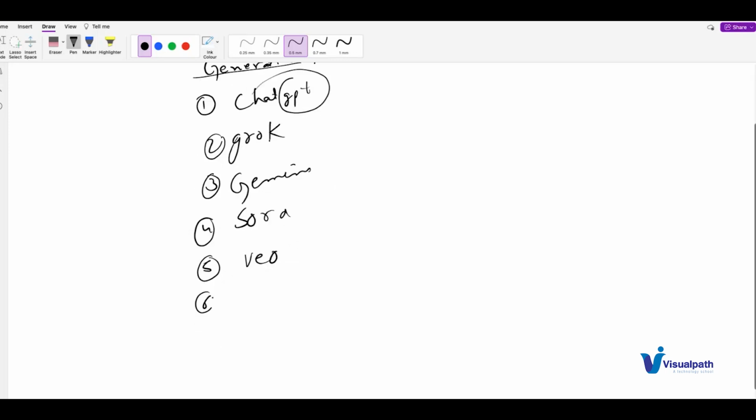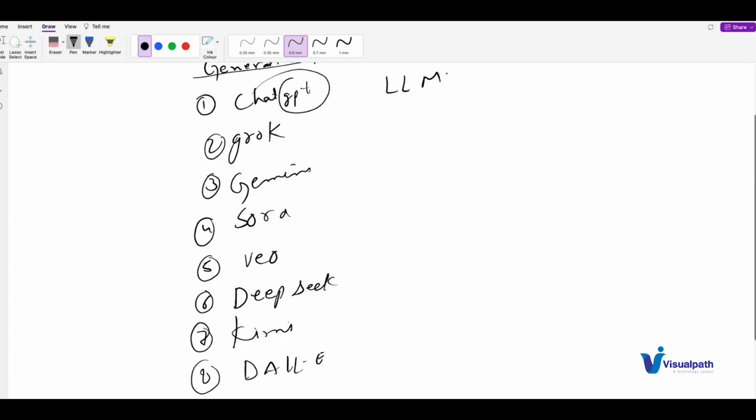You would have used DeepSeek, Kimi, and many more. The list goes on. And here I would like to include DALL-E also. So these are the different GenAI models, and these are called LLMs, large language models.